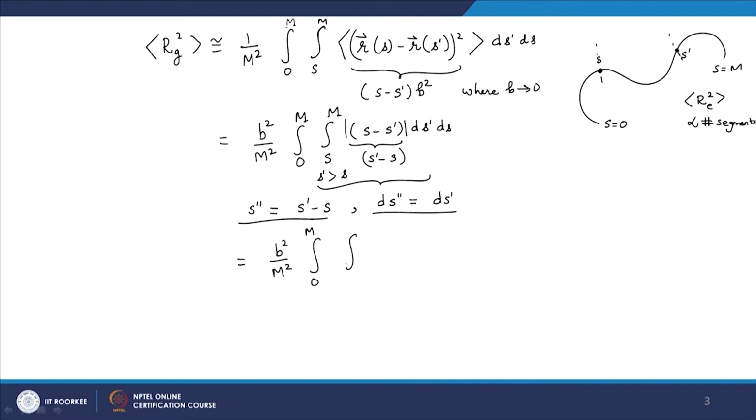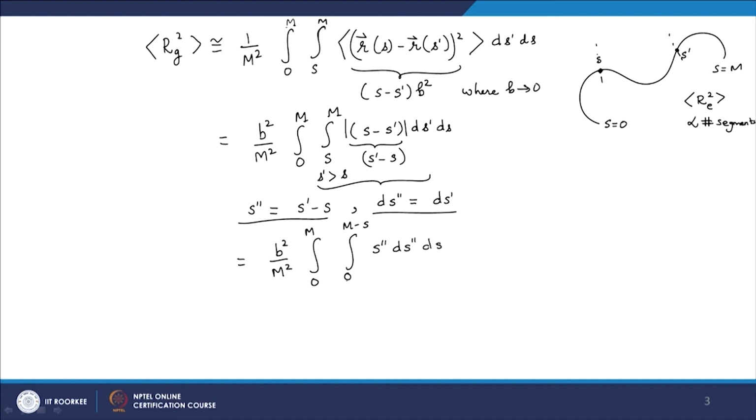So, we have to do a minus s for the limits as well. So, this becomes 0 and this upper limit becomes m minus s, and now we have s double prime ds double prime ds. Okay.